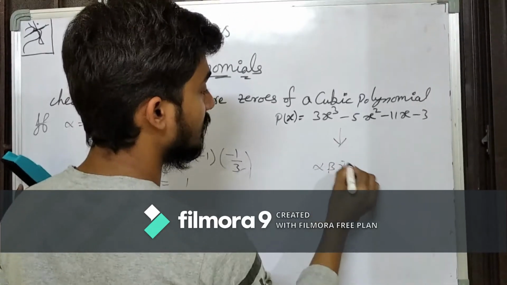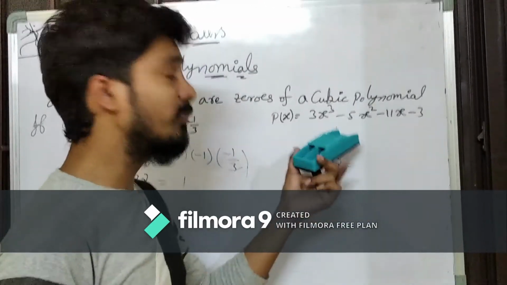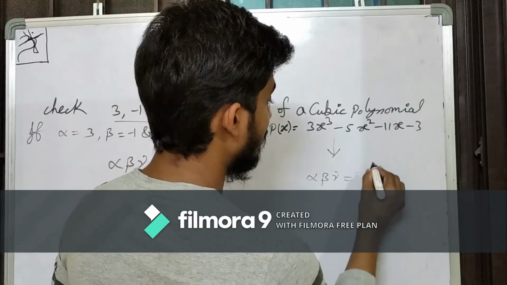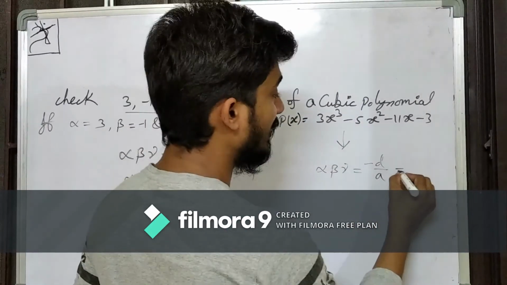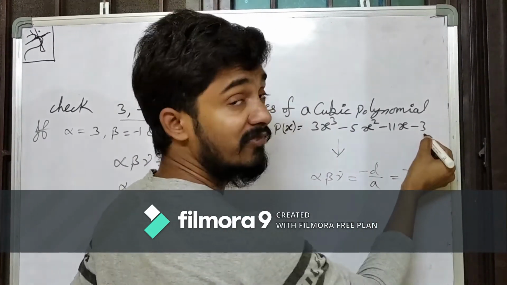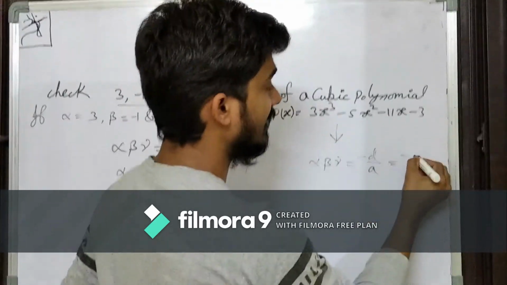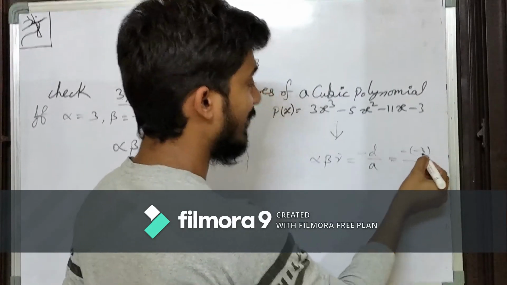Alpha beta gamma equals, what is the formula for the product of zeros of a cubic polynomial? Minus d by a. What is the d value? Here the d value, the constant term, is minus 3. So minus of minus 3 by a.